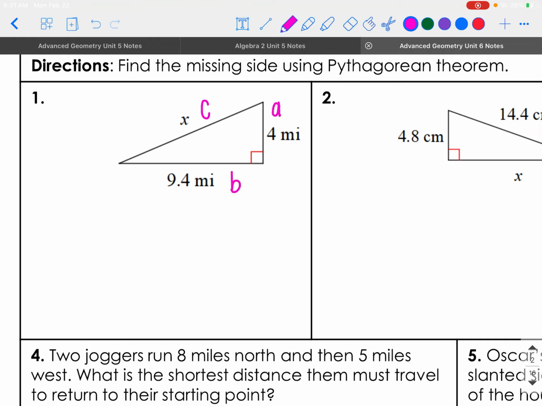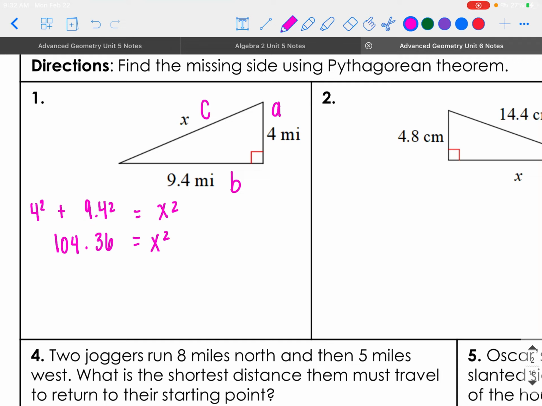So 4 squared plus 9.4 squared equals x squared. And then in the calculator, if we do 4 squared plus 9.4 squared, we get 104.36 equals x squared.